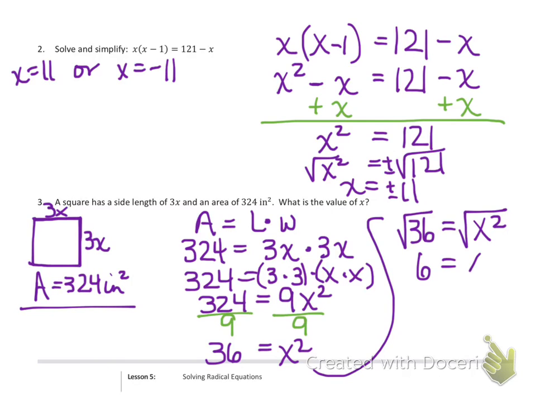Square root of x squared is x. So x is equal to 6. Okay, so if x is 6, then the dimensions of that figure are 18 times 18, which you can check out and find is 324 inches squared.